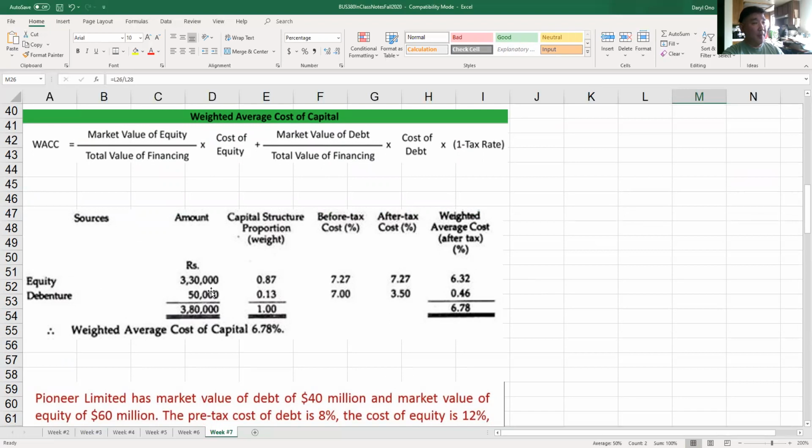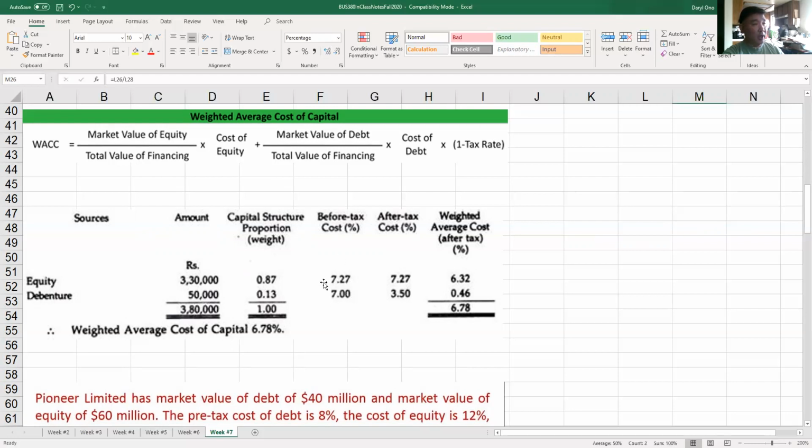So in total, this company borrowed 380,000. The equity is equal to 87% of this total. The debt is equal to 13% of the total. So the 87% plus the 13% is equal to 100%. These two numbers are given to you.